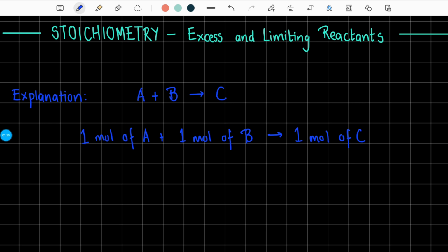Now, what does this mean in terms of your moles? Say, for example, you combined 3 moles of A with 2 moles of B in a test tube. What would you get for C? How many moles of C would be produced?